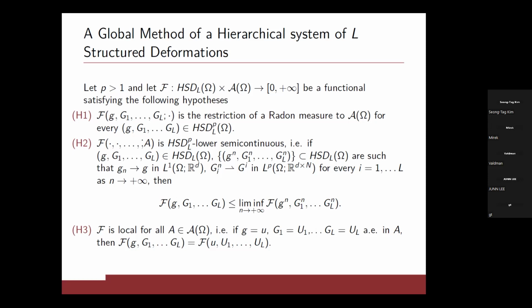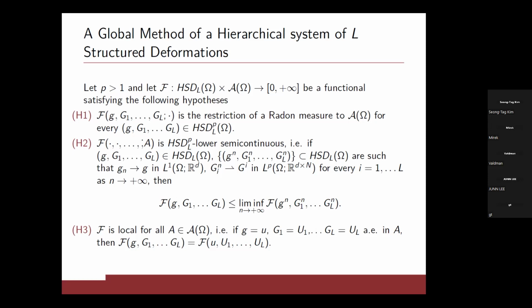It is lower semi-continuous with respect to the natural convergence that were arising before. So the L1 convergence for the Gn to G, and the weak convergence for each field Gi from approaching field Gin. So my energy is lower semi-continuous.